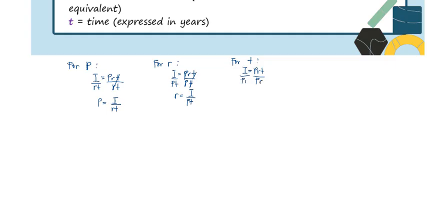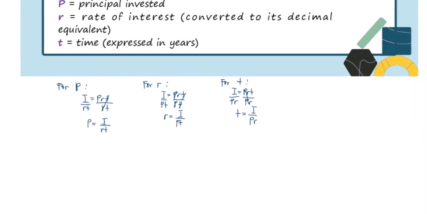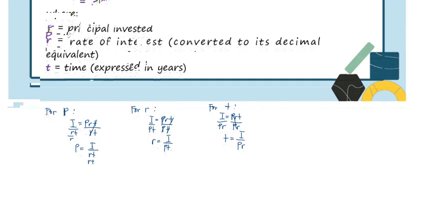So if we divide both sides with PR, we would isolate T. So T is equal to I divided by PR, which is the formula that we could use to find the time, during sa ating case wherein we are trying to find for the interest.